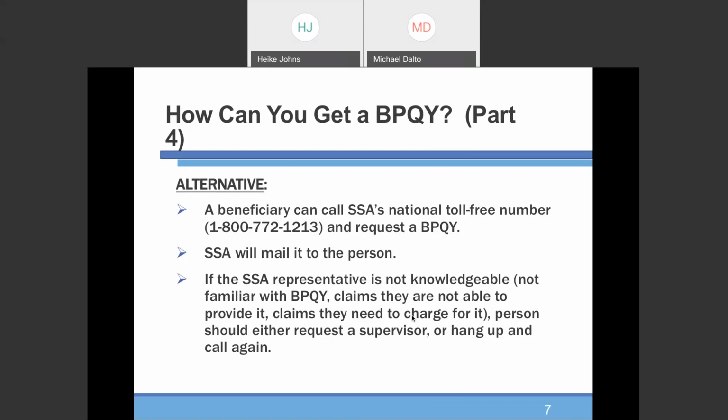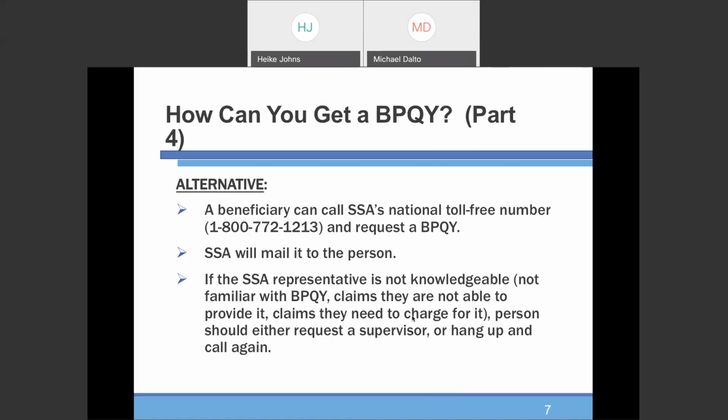Now, the downside to calling the national toll-free number is that there's often a long wait. The upside is the recording will tell the individual about how long the wait will be. So if it's an ungodly amount of time, they can just hang up and decide to call again another time.